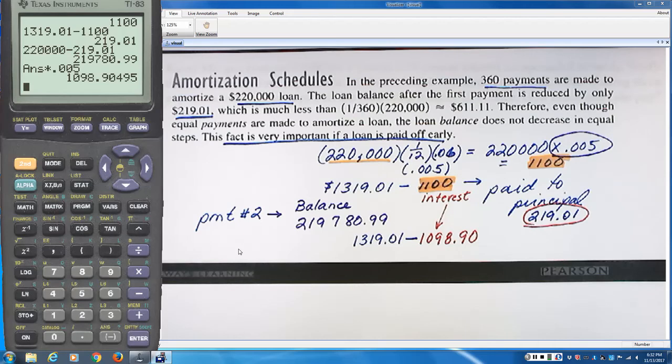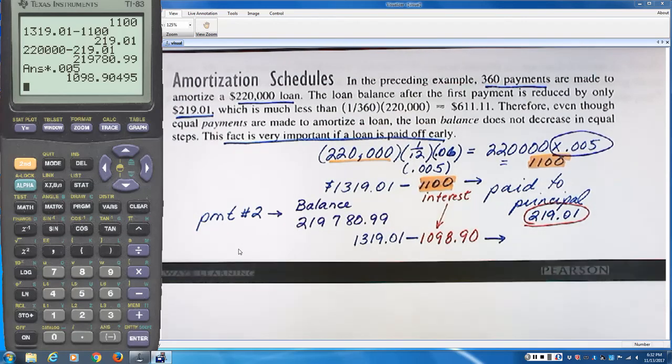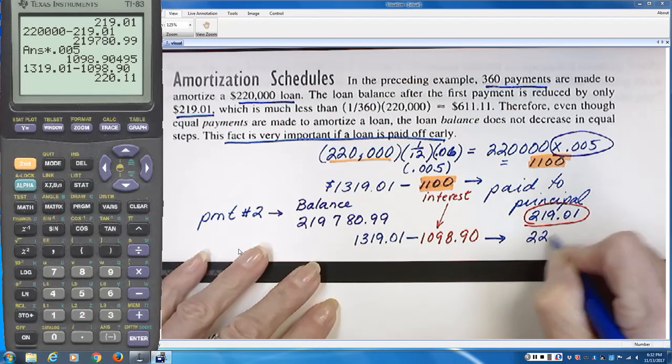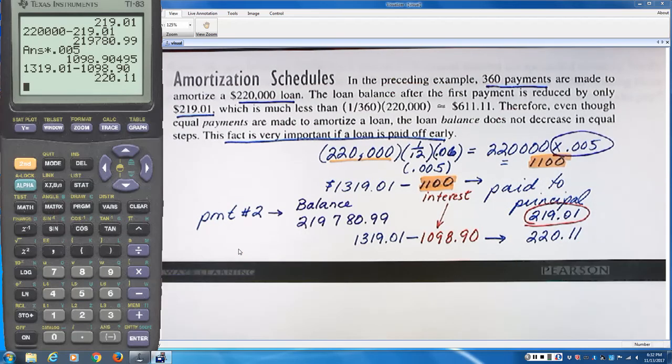So that means the amount that's going to get paid to your principal is $220.11. So that's, what, about $8.90 difference? Not very much.